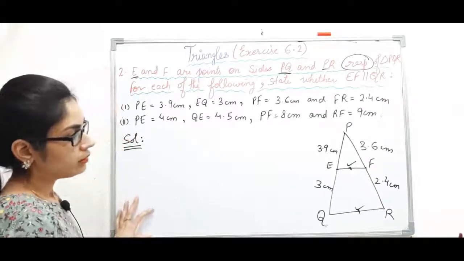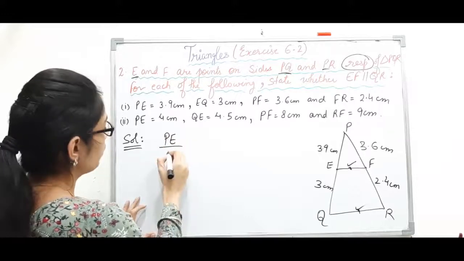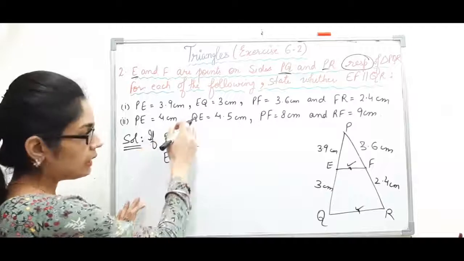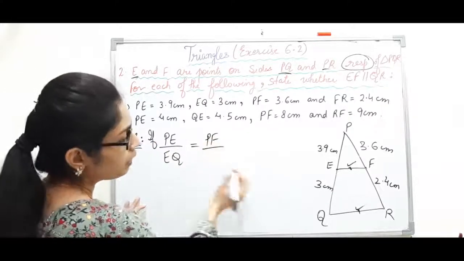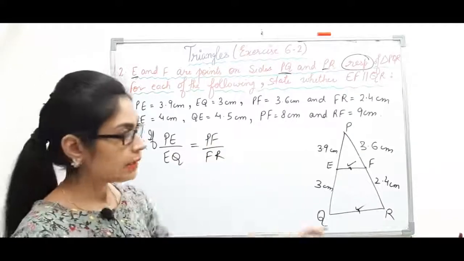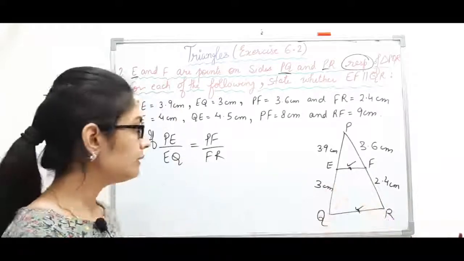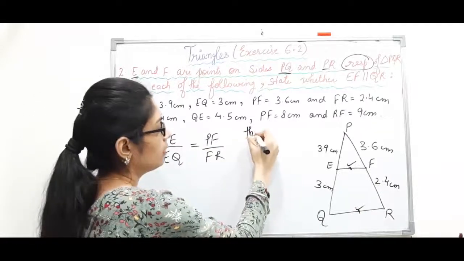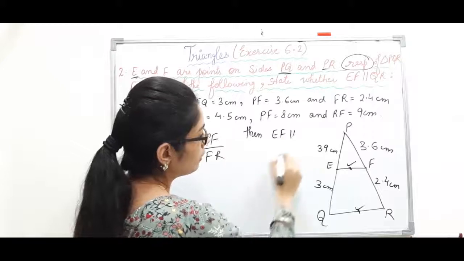So let's check the ratio. PE upon EQ, we can write, if PE upon EQ is equal to PF upon RF or FR, we can write anything. Both mean the same, whether you write FR or RF. So if the ratio is the same, then EF will be parallel to QR.